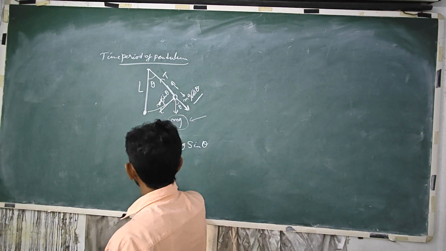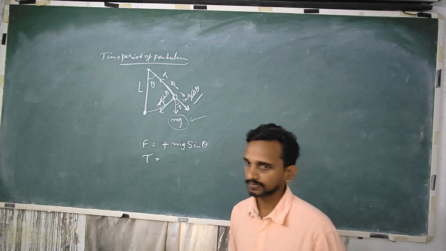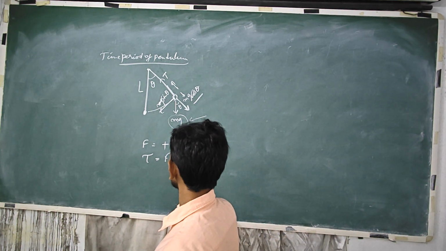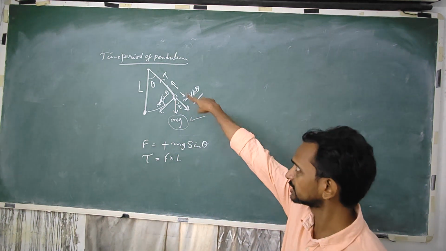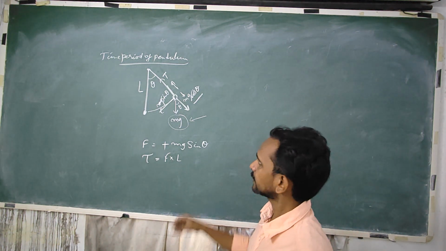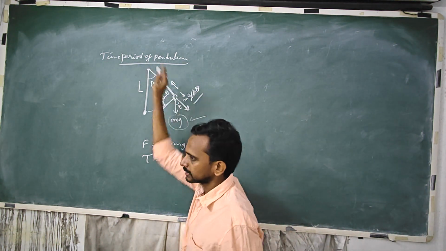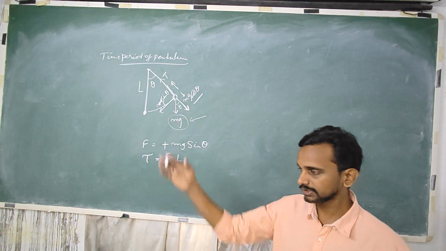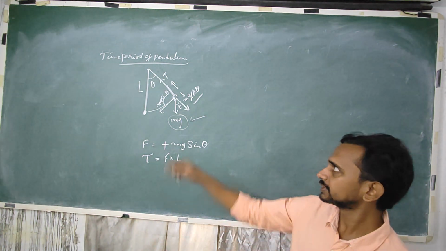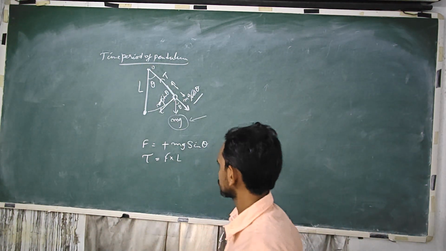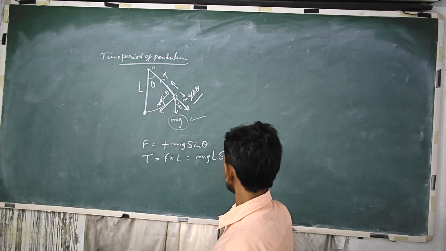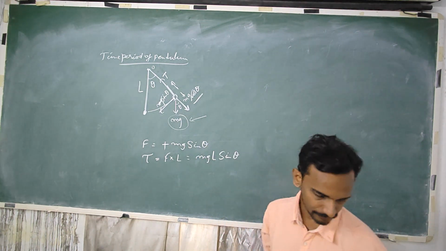So now I can write the torque as force multiplied by the perpendicular distance, which is along the length of the string. So perpendicular distance from the bob to the center of rotation. I mean, this is almost like a rotatory motion with O as the origin. So this becomes mgl sine theta. So this is the torque.